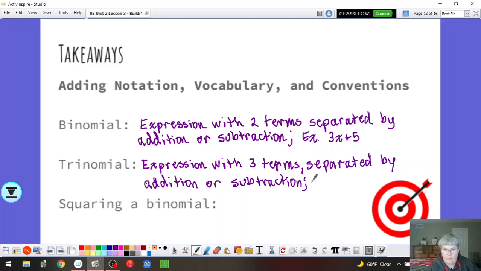And an example would be x squared minus 10x plus 25. Squaring a binomial would be, for example, taking that 3x plus 5 and squaring it.